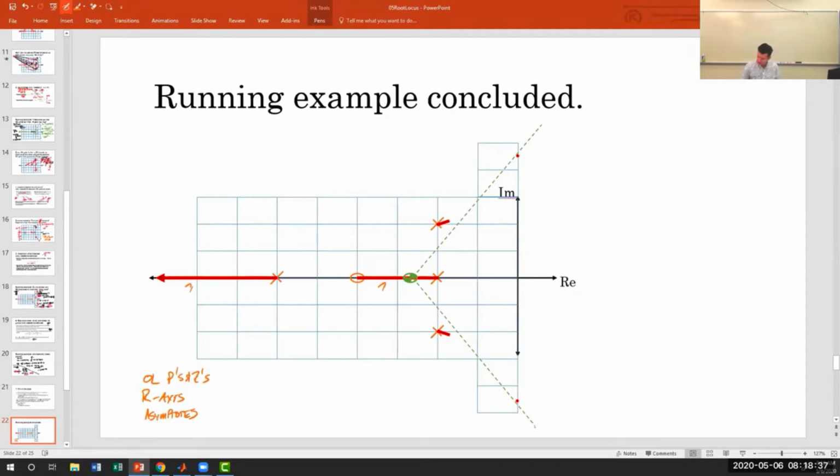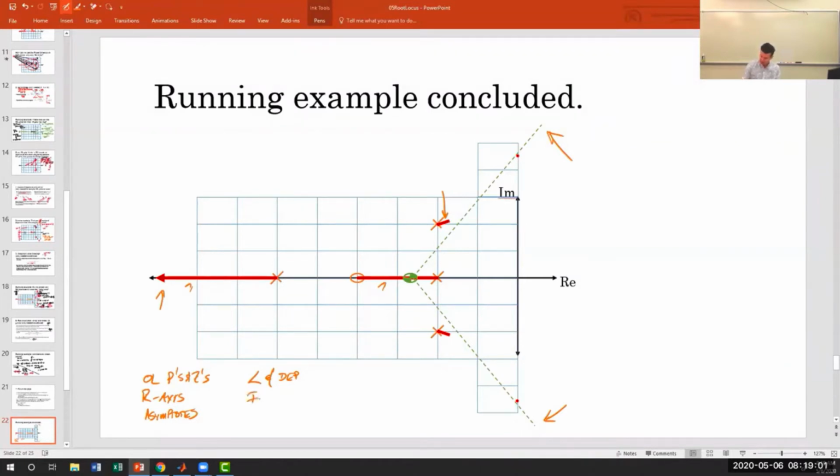That gave us the fact that the branches have to end up at these angles, and there's an angle here, but we already knew that because of the real axis exercise. Then we did the angle of departure, which told us this little bit. There were no angles of arrival because there were no open loop conjugate zeros.